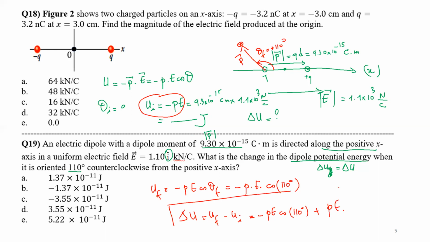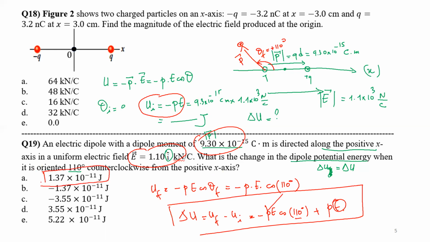So I put the numbers, of course. I know P is given by this. I know E in magnitude, and E is given by this. Okay. So I know this. So basically you calculate and you will get what? 1.37 × 10^-11 joule. Okay. This is my change in dipole potential energy.